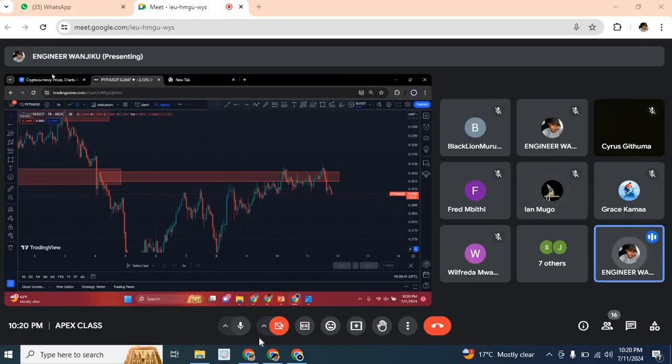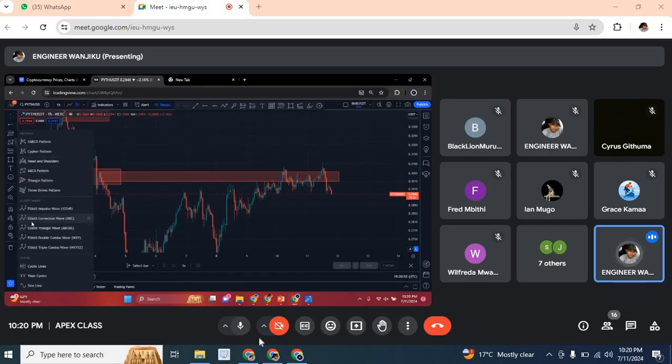So remember, there's this favorite section. If I want to add anything, most of my tools that I know I'm going to use a lot of times, I'll come to this point right here. Let's pick any that I don't use right now and see what will happen. These are the ones that I mostly use. If there are things that I mostly use, that I don't need to come and look for in this tools section, I need them here in the favorite section.